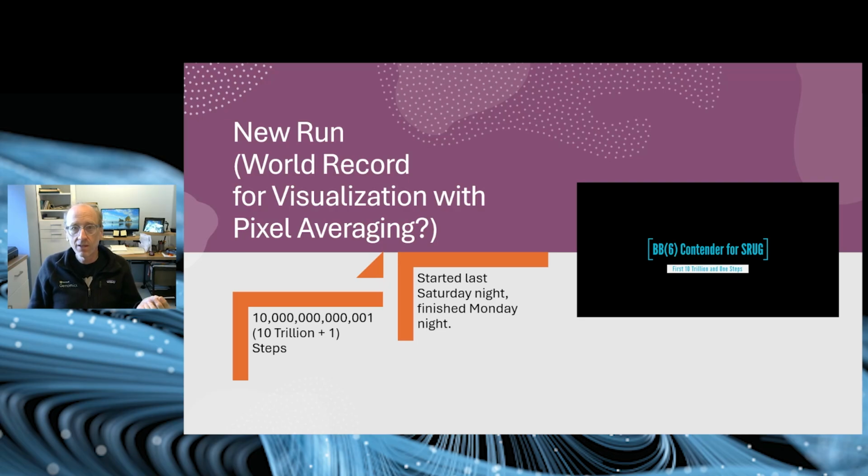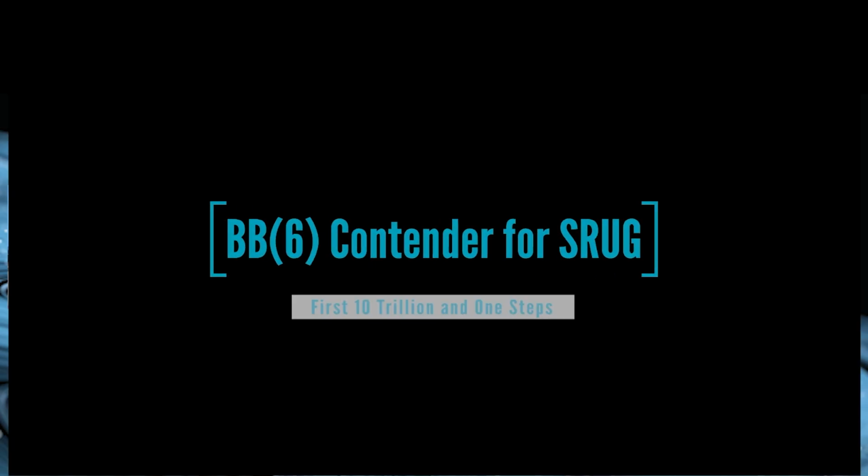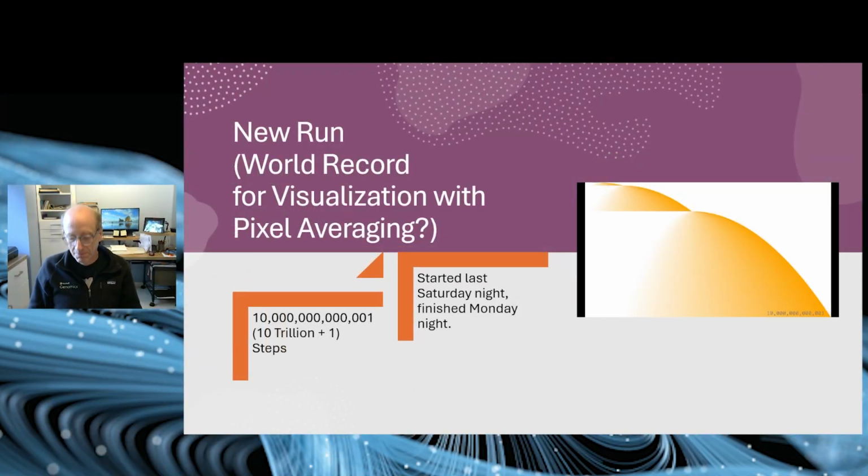So this time I rendered out and visualized to 10 trillion and 1 steps. And we can see the result here. And there we go. 10 trillion and 1 visualization steps.